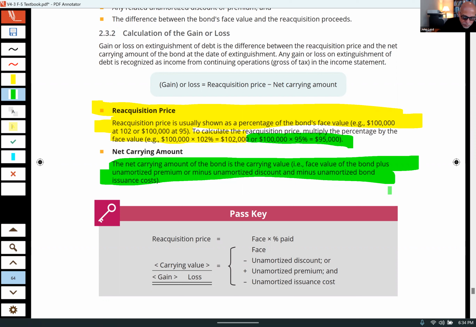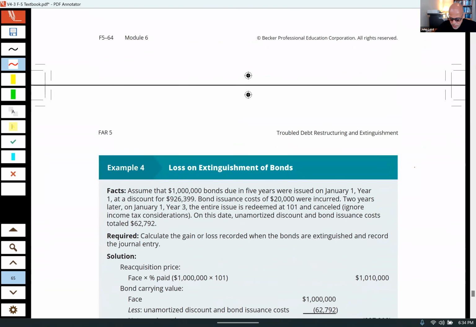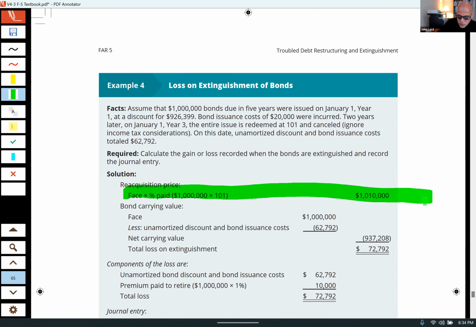Now you could flashcard this. We have a bond that we have to pay 101 to call. It was a $1 million bond, so we're going to have to pay $1,010,000 to call that bond.